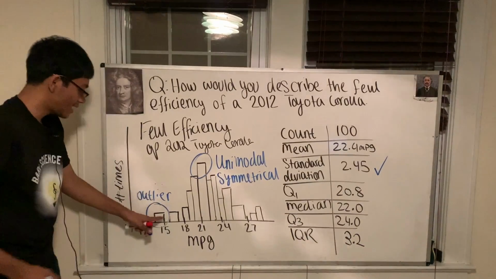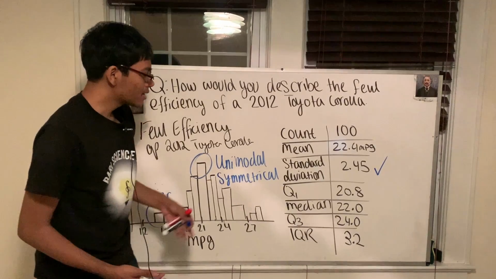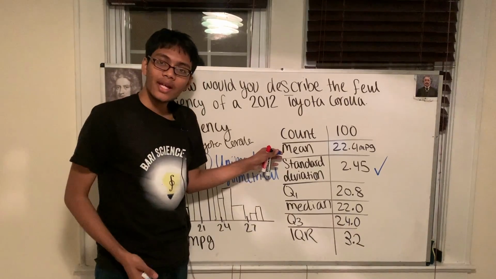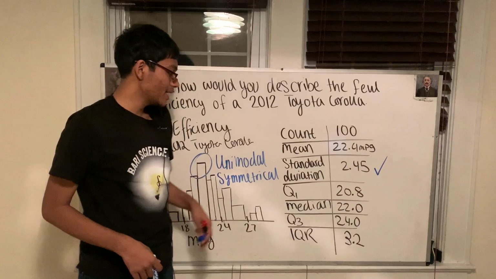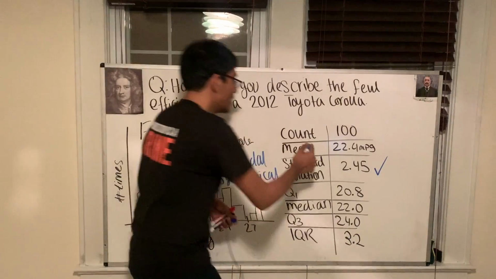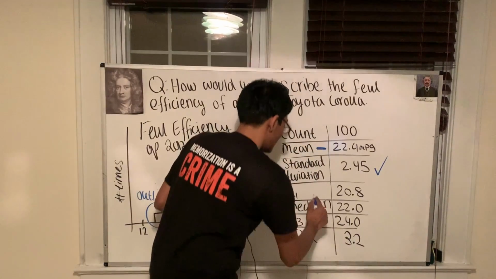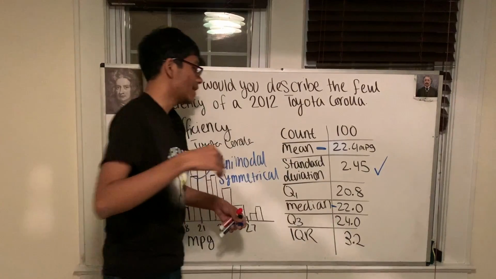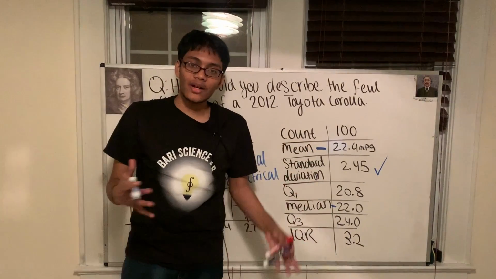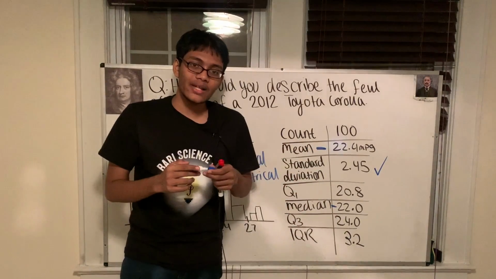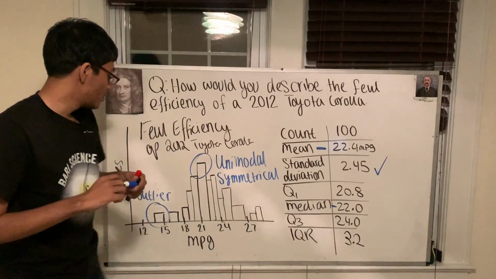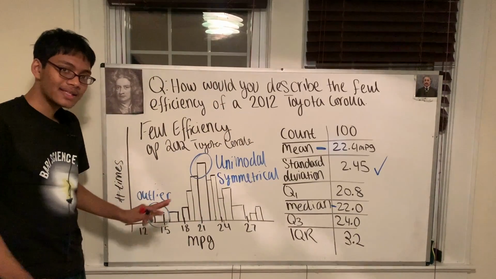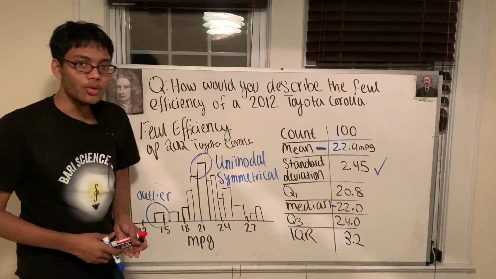The outlier is at about 15 miles per gallon, but it looks like the outlier doesn't really pull the mean to the left. And how do we know that? Well, we see that the mean and the median are approximately the same. And when the mean and the median are very close to each other, that's the sign of a symmetrical distribution. So it seems like this outlier doesn't mess up the mean too much.